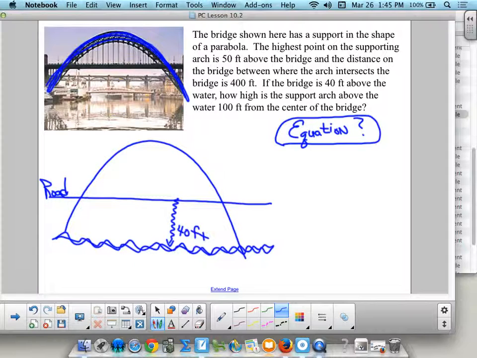If you think you know what you're doing, go get that equation. Oh, way over here.